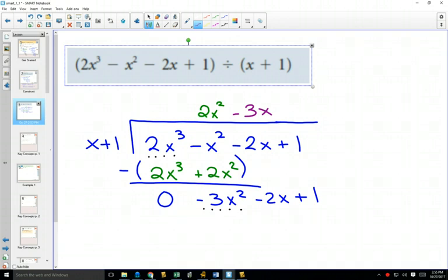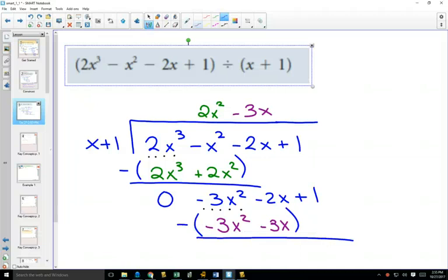So now negative 3x times x plus 1 is negative 3x squared, perfect. Negative 3x times the plus 1 is minus 3x. And we subtract. Of course, this is 0, perfect. Negative 2x minus a negative 3x is plus 1x plus 1.